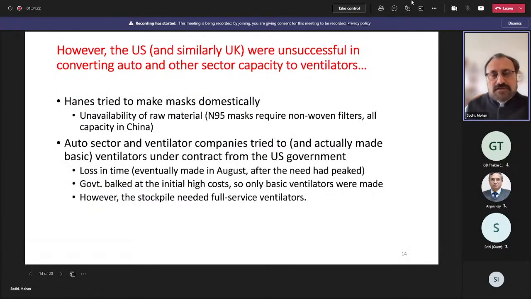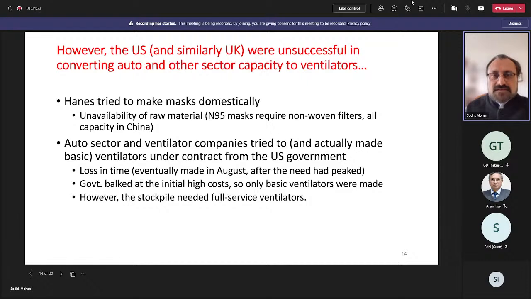The reality, unfortunately, was that in the US and in the UK, where I am, there were attempts to go to the auto industry in conjunction with the ventilator manufacturers to start creating such capacity. The same with Hanes, as you know, a company that makes underwear. They tried to make masks, but a key component was a non-woven fabric, which is glass fiber.